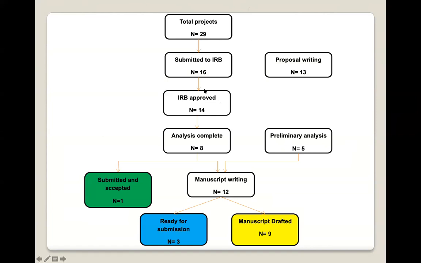Of them, 16 were submitted to IRB and 13 are still in the proposal writing process. There are 14 proposals accepted by IRBs and 8 have completed analysis. Several of them were presented in this meeting before. Preliminary analysis is done for 5. There are 12 papers being written at different stages.